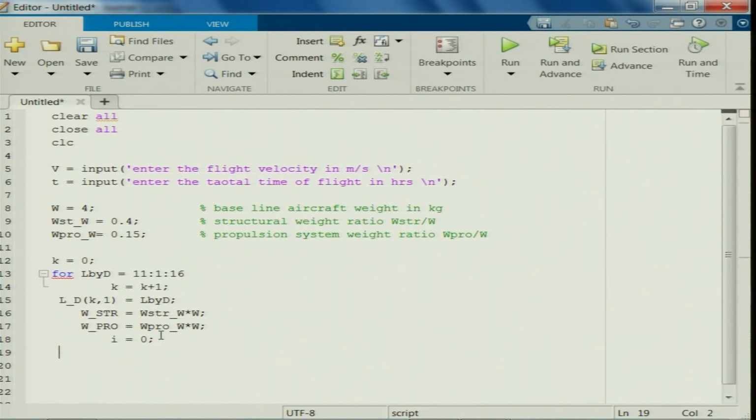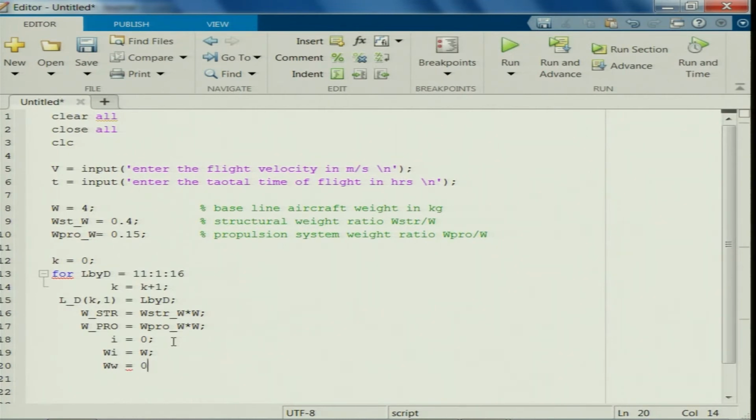Now the initial weight of the UAV, I would like to assign this Wi, the initial weight for these iterations, as the weight of the baseline aircraft W. That is the weight of the UAV, and then I would like to have another variable, W, which is 0.